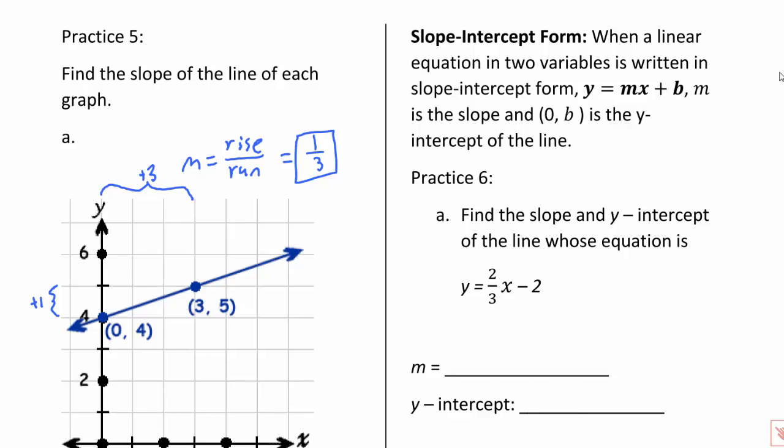It says when a linear equation in two variables is written in slope-intercept form, y equals mx plus b, m is the slope and b is the y-intercept of the line. Now notice that this is an equivalent form to ax plus by equals c.